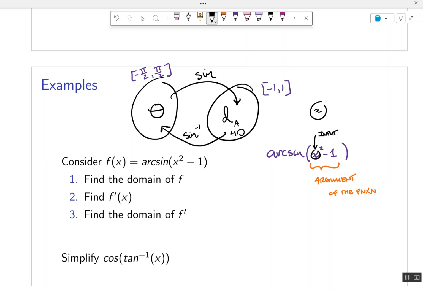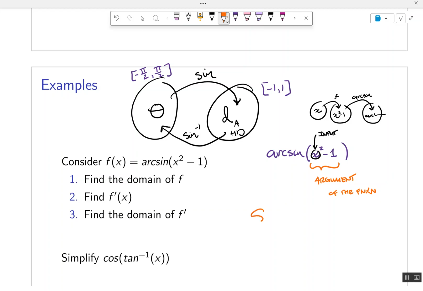X goes into this function, which is x squared minus 1, and then that is what goes into the arcsine function. And that's how we get arcsine of x squared minus 1. Okay? So what we know about the argument here is that it has to be between negative 1 and 1, because that's the domain of arcsine.